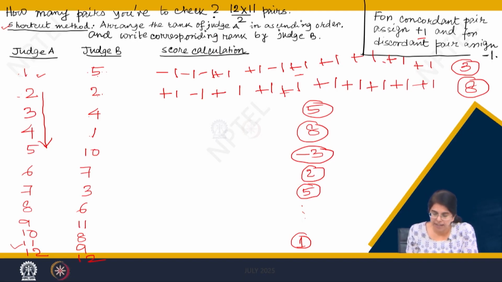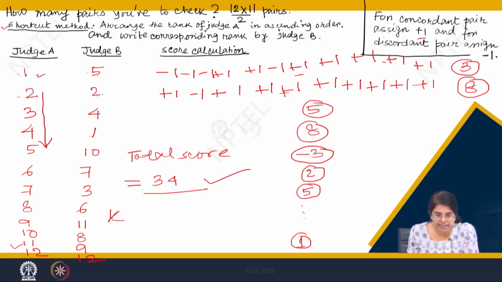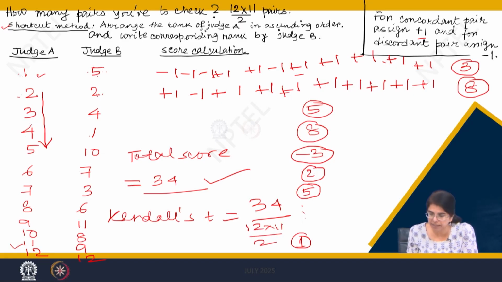So finally, your total score will be just the sum of these observations, and that will be 34. That will be 34, and Kendall's T will be 34 divided by the total number of pairs. So 12 into 11 divided by 2, and after calculation you can check, it will be 0.5151.